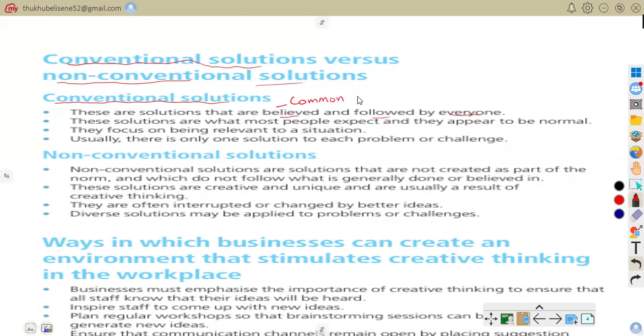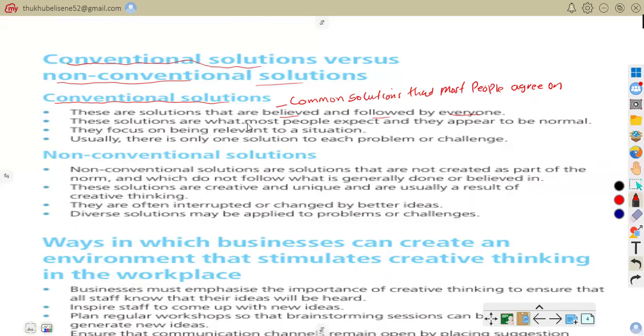When you're talking about conventional solutions, those are solutions believed and followed by everyone. For example, lowering prices to attract customers. It's a common solution that most people agree on. So that is that.